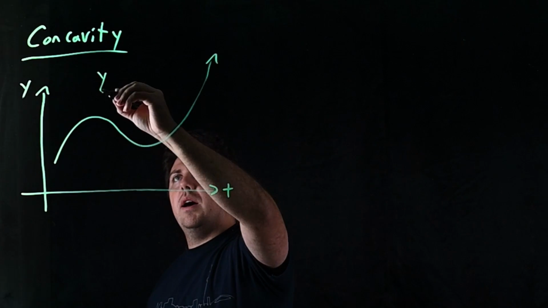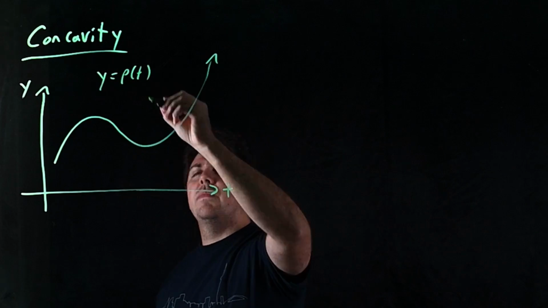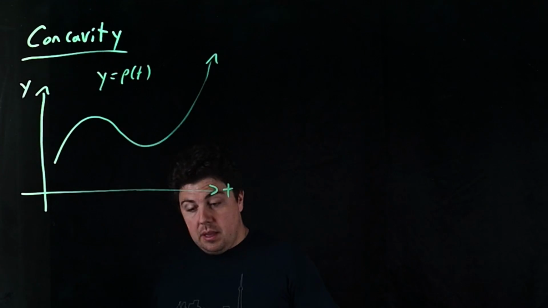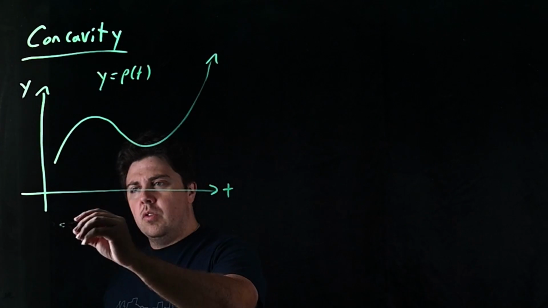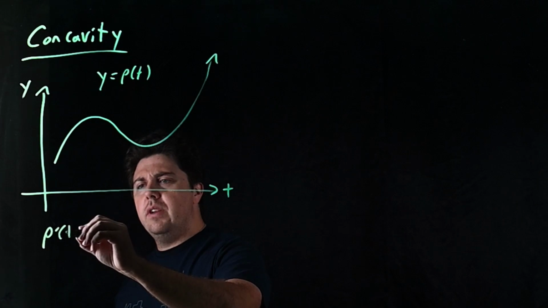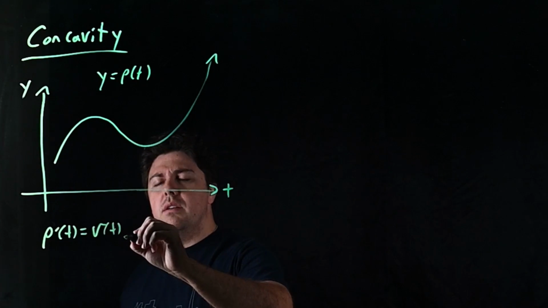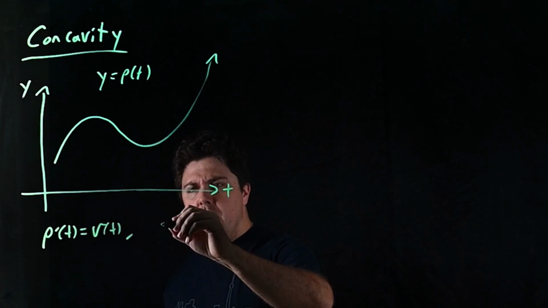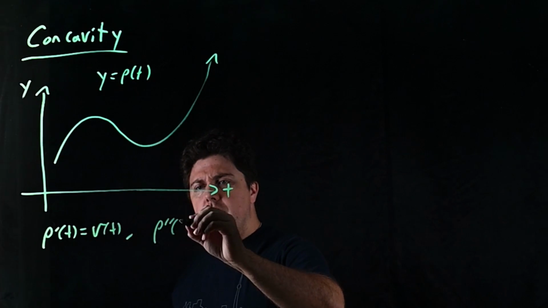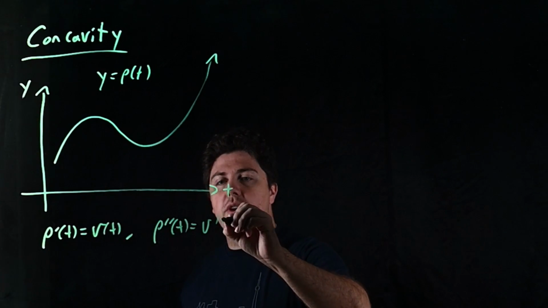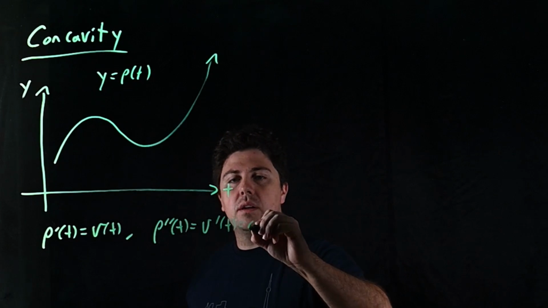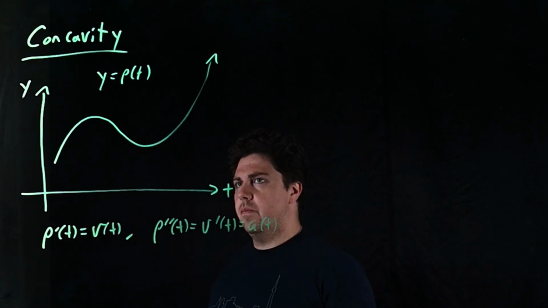This is y is equal to p of t. And what's happening here? Well, the derivative of p, the derivative of position, is velocity. And further, the second derivative of p, which is the derivative of velocity, is acceleration.